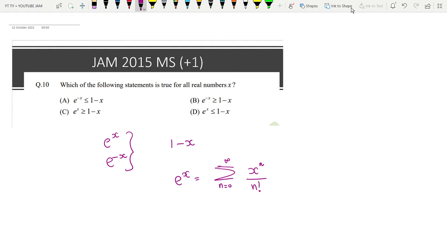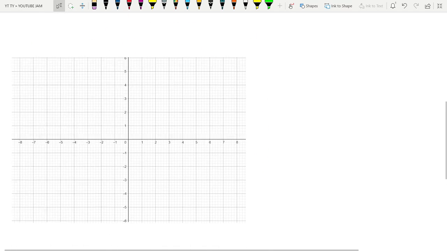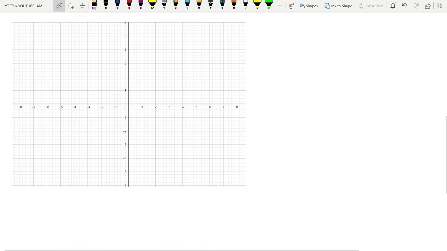This is the natural first step that students might think of, but it might take more time. What I know is these functions, e raised to x, e raised to minus x, 1 minus x, are very trivial. You can even plot these functions and get the answer very quickly.